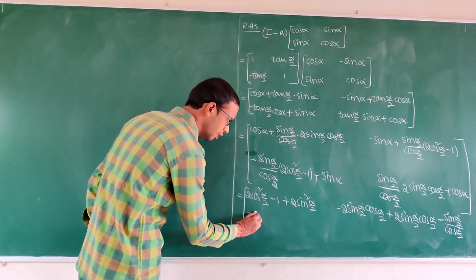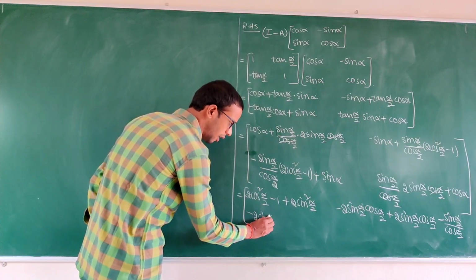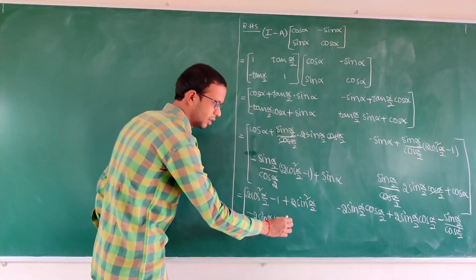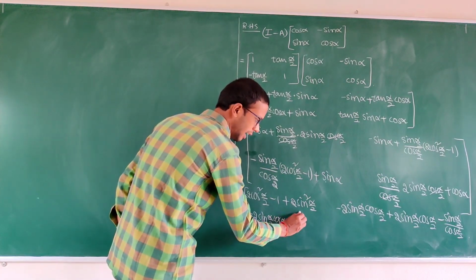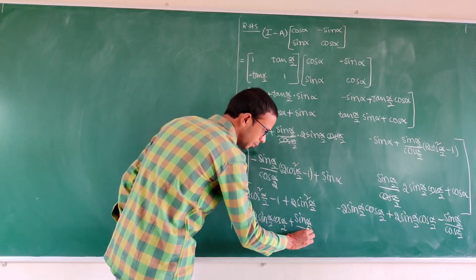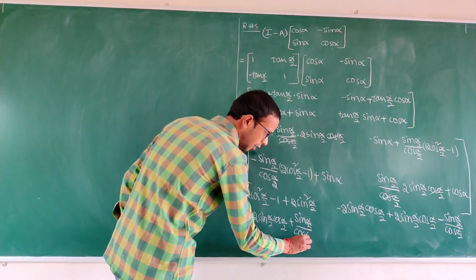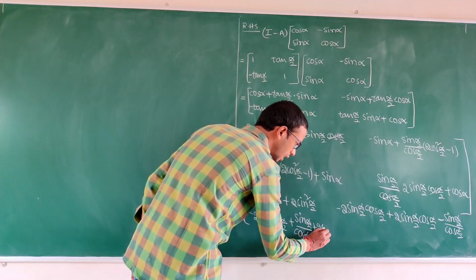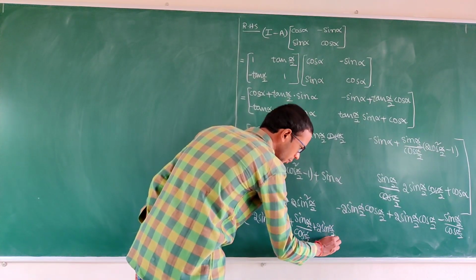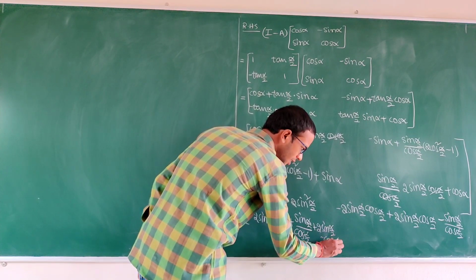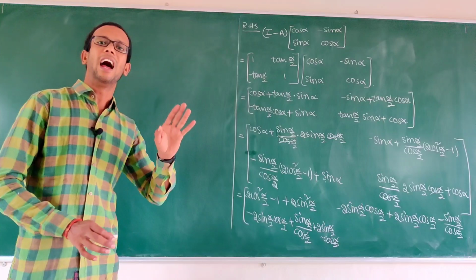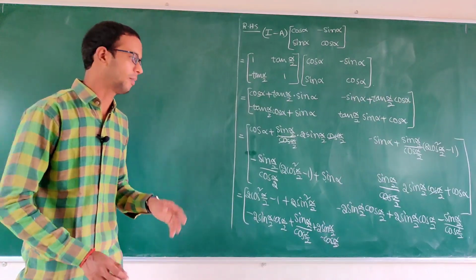So remaining is minus 2 sin alpha by 2 cos alpha by 2, minus into minus plus sin alpha by 2 by cos alpha by 2 remaining, plus 2 sin alpha by 2 into cos alpha by 2. So just here writing the trigonometric values and we are proving LHS equals RHS.